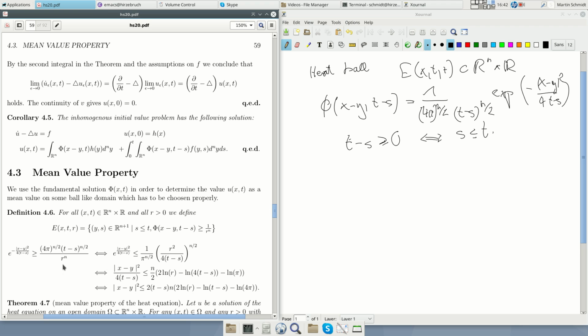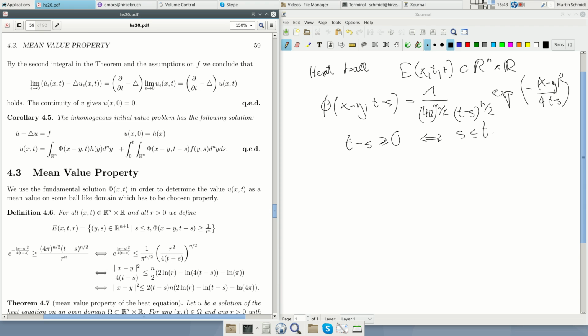Here is the power of n half, and from the left hand side to the right hand side we took the inverse and collected this to one power. So we get this expression here. Here the n half of the 4 we also included in this expression.